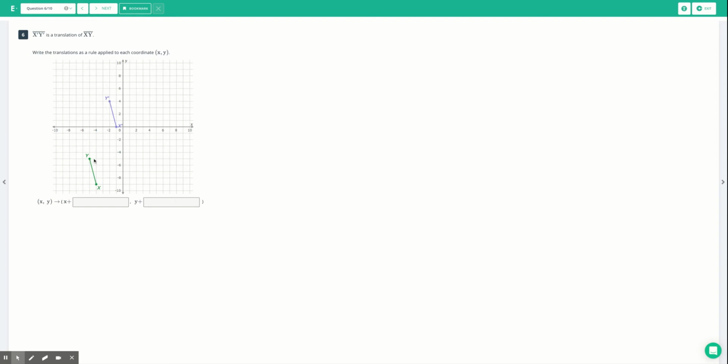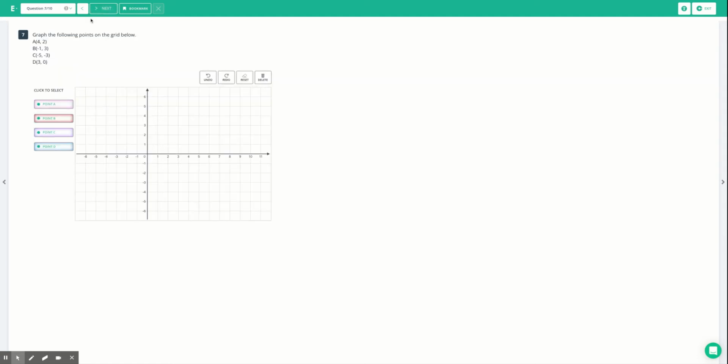We went 1, 2, 3 spaces right, so it's x plus 3, and then we went 1, 2, 3, 4, 5, 6, 7, 8, 9 spaces up, so it'll be y plus 9. And that is your answer.